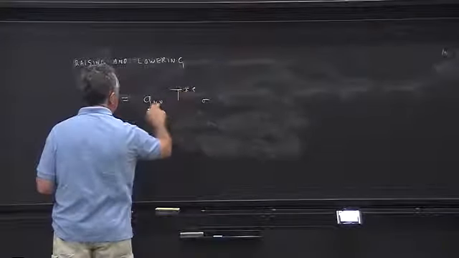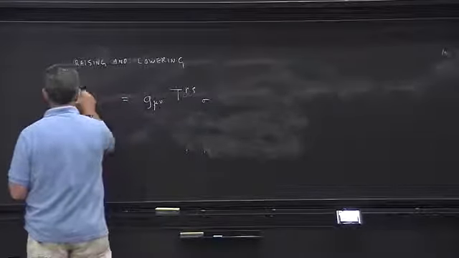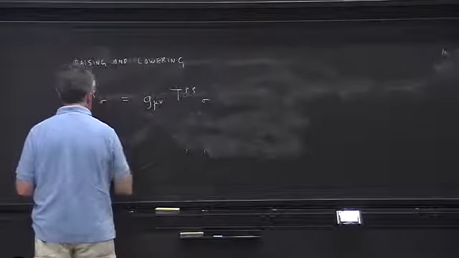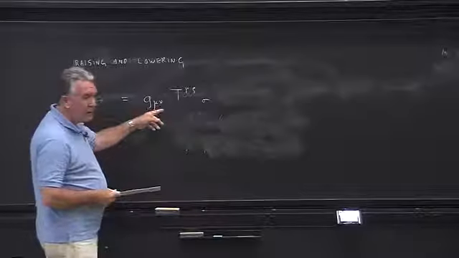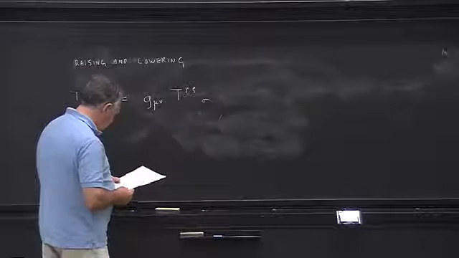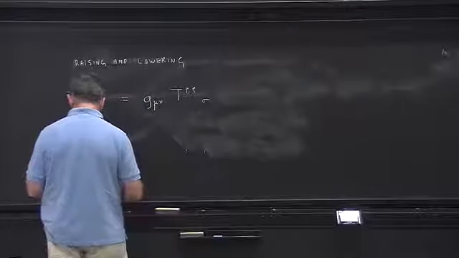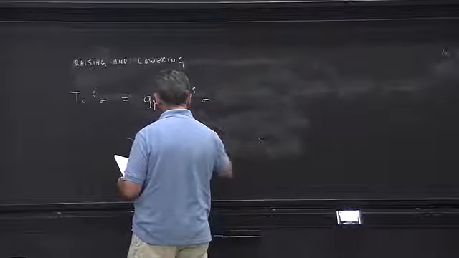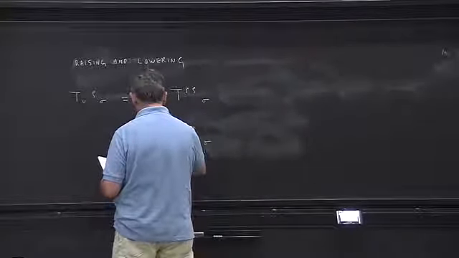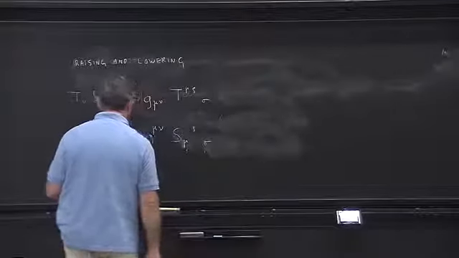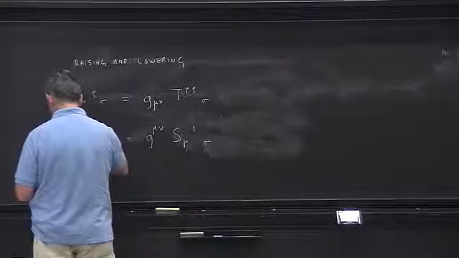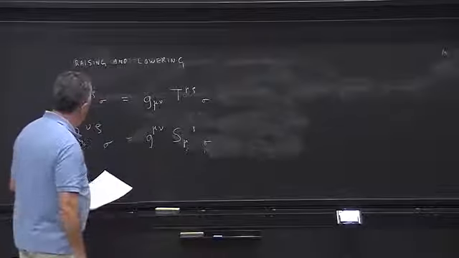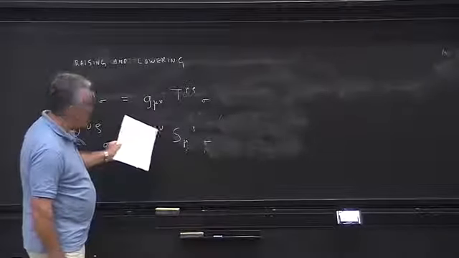You have an upstairs mu and a downstairs mu, so that turns it into a T nu rho sigma by multiplying by the metric and summing over the repeated indices. Similarly, S mu rho sigma with an upstairs G mu nu gives me something R nu rho sigma, which is raising an index with the upstairs G.